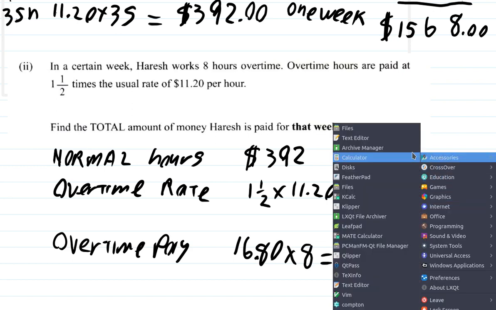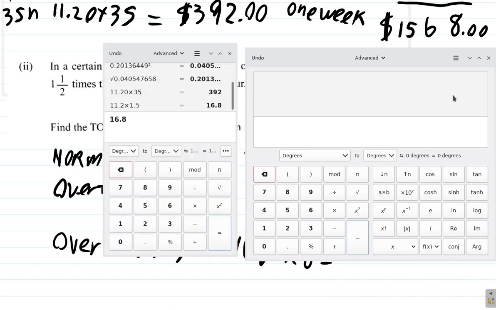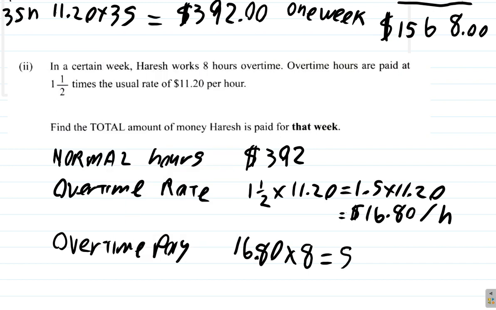And see how much overtime pay he gets. $16.80 times 8. $134.40 overtime pay.